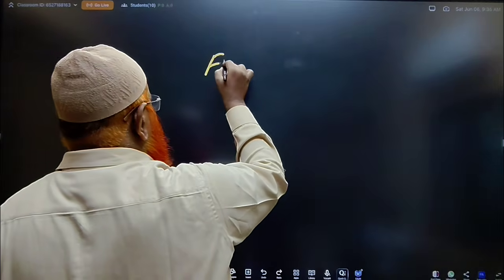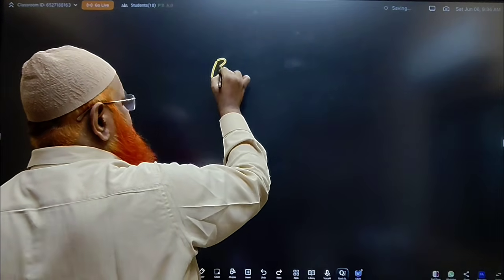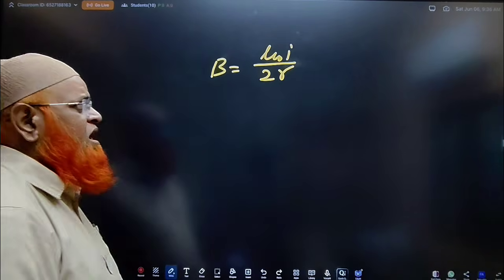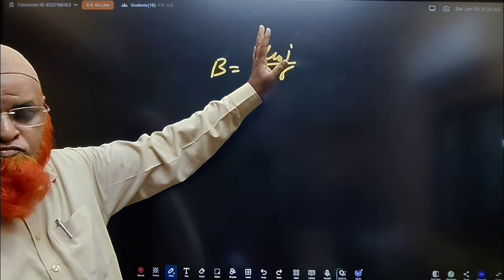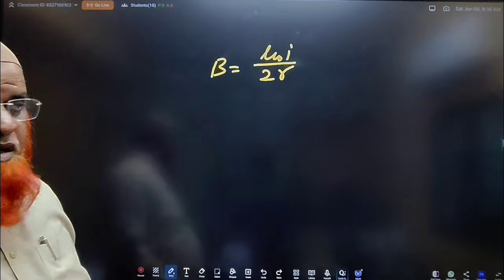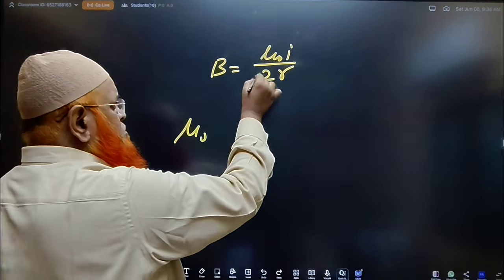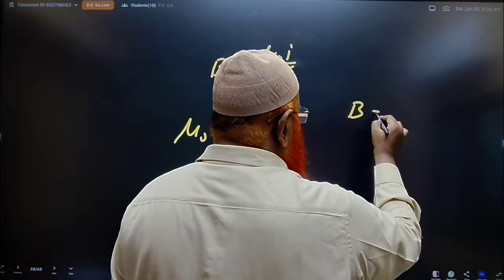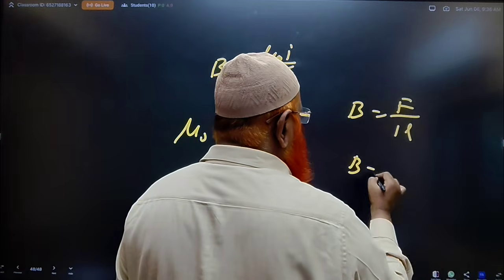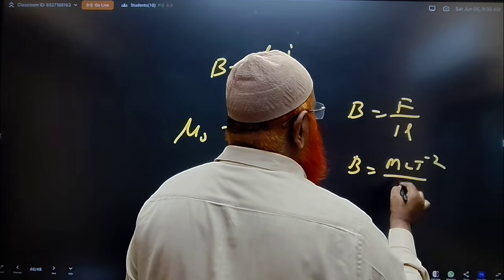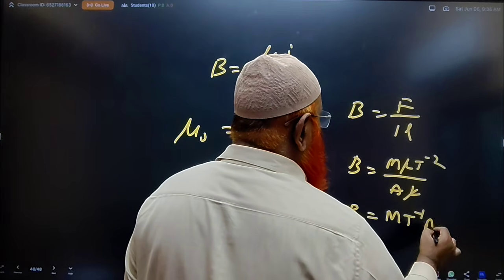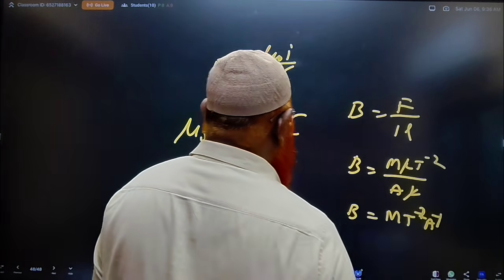Permeability of free space. Do you know the best formula for it? B is equal to mu naught I by 2R. It's the easiest formula to find mu naught; there is no easier formula for mu naught. Because 2 does not have dimensions, mu naught is B into R by I. We already know B is F by IL, the easiest formula: MLT^-2, I is nothing but A, and L gets cancelled here, so B is MT^-2 A^-1.